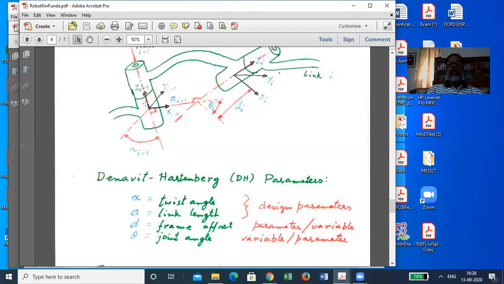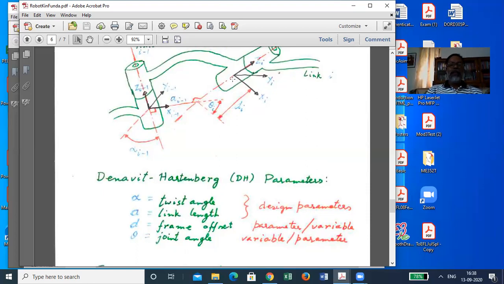Z, from being parallel to z i, now becomes coincident. Of course, the origin is elsewhere. This frame's x is this way, and this one's x is this way, perhaps decided based on how the next link is.